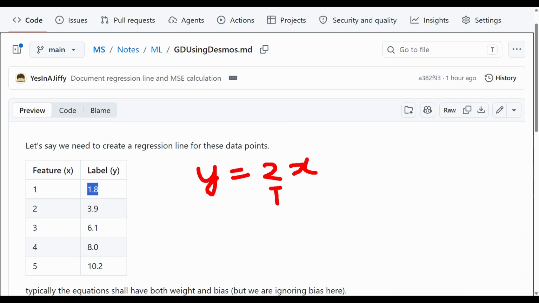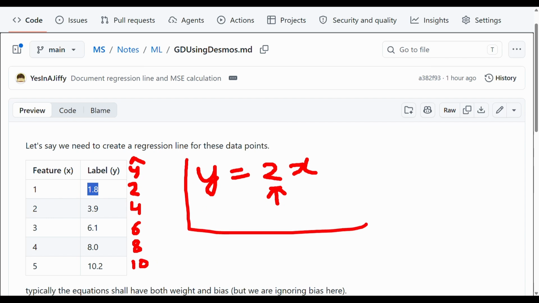The weight, with the help of reducing the loss, we found is 2. So if you feed the value of x as 1, then y comes 2. If you feed 2, the y comes as predicted. So y hat, the predicted value, would be 2. Here the predicted value would be 4. Here the predicted value will be 6. Here the predicted value will be 8. And here the predicted value will be 10.